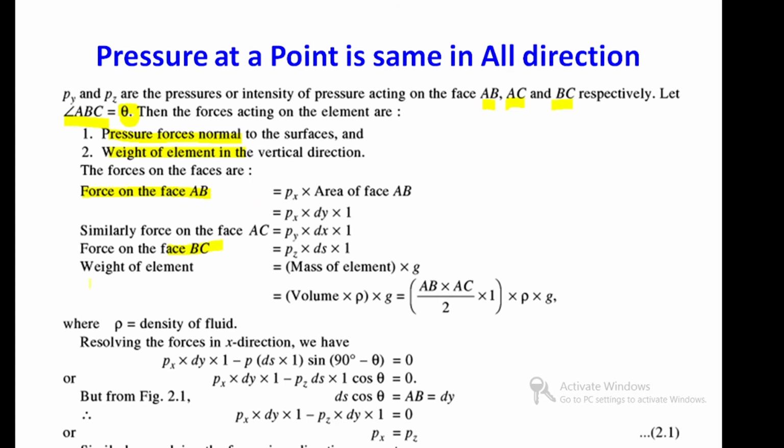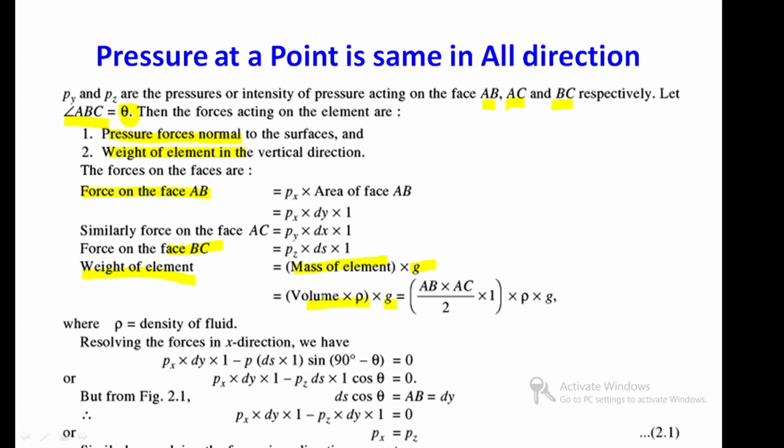Then you go for the weight of the element, mass into gravity. You know the formula for weight: mass into acceleration due to gravity. Density is mass by volume, so mass is volume into density.